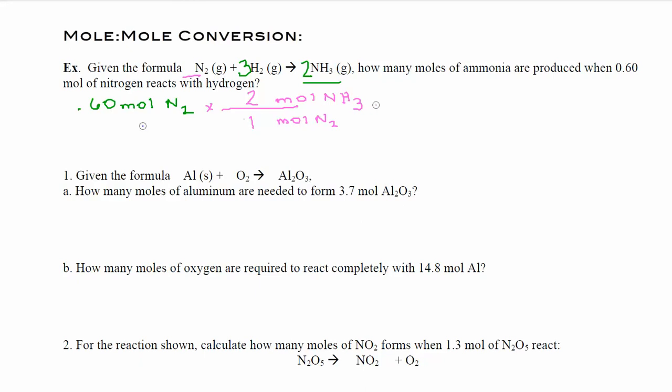All right, so you use your coefficients for your mole-to-mole ratio, and so 0.6 times 2, you will get 1.2 because you want 2 significant figures, so 1.2 moles of NH3. And yes, I would greatly appreciate it if you would include information like moles of NH3, because it does matter, because I started out with moles of N2 and now I'm getting into moles of NH3.